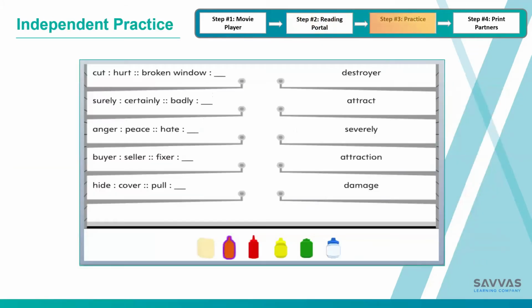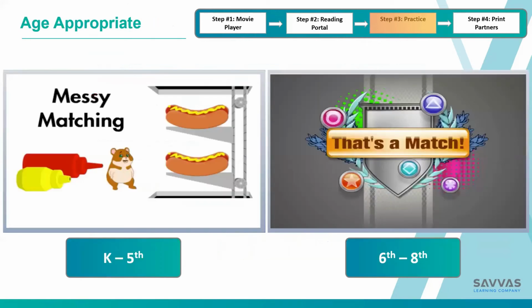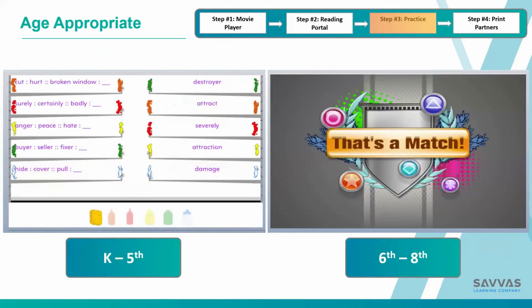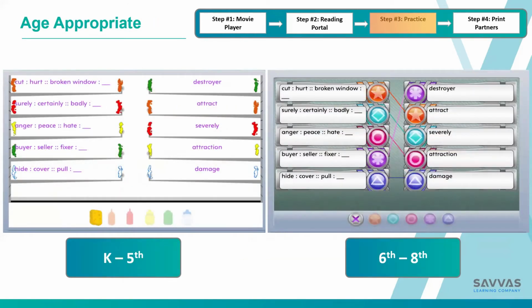And the practice section for independent practice, we make it as a gaming-like activity. But one thing I want you to see here is that this is the same activity for each student, synonyms and antonyms. Notice how it looks for your K-5 students as opposed to grades 6 through 8.